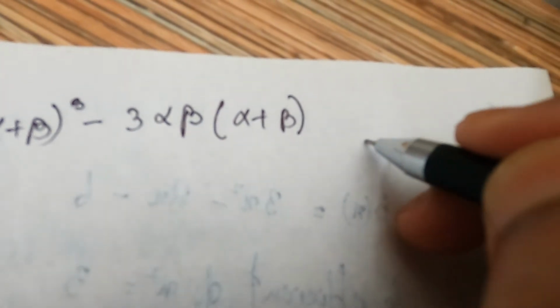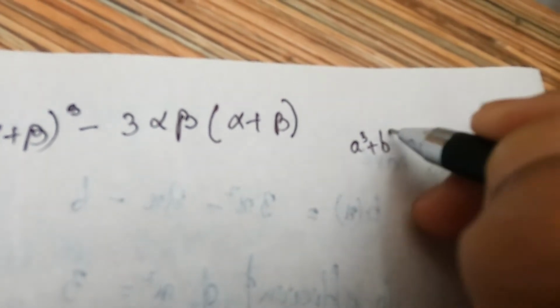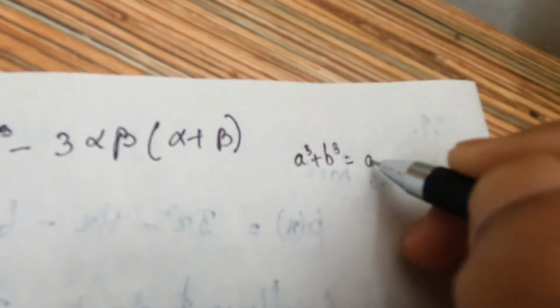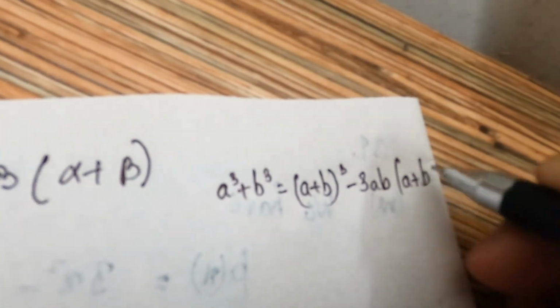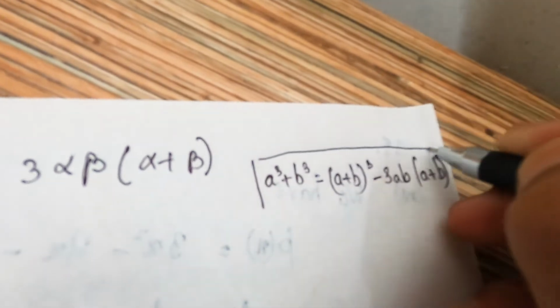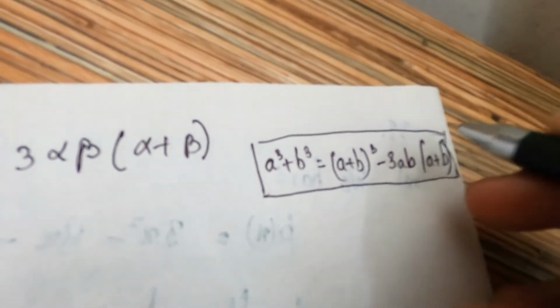This is simply from the formula a cube plus b cube is equal to (a plus b) whole thing cube minus 3ab times (a plus b). This is the formula which we are using.